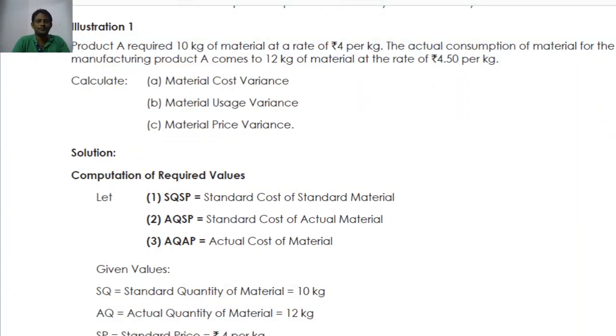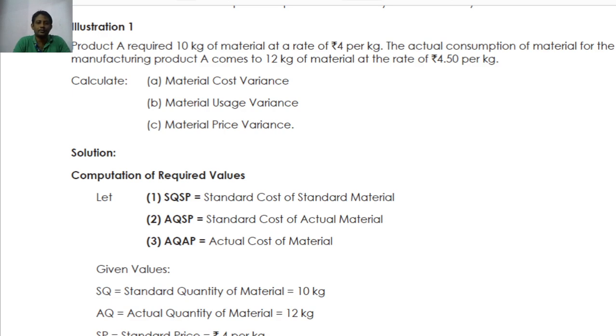Look at this problem. Illustration 1. What is this question? Just go through the question first.